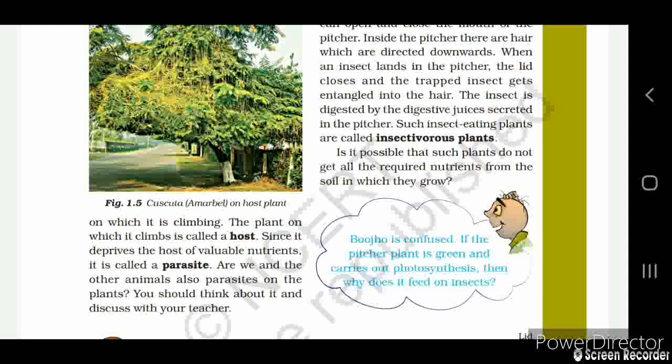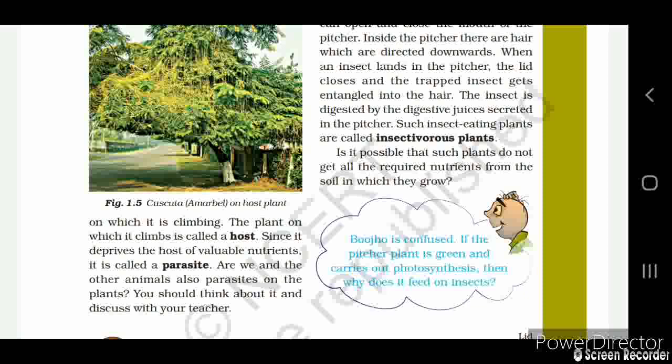The plant on which it climbs is called the host, and since it deprives the host of valuable nutrients, it is called a parasite.